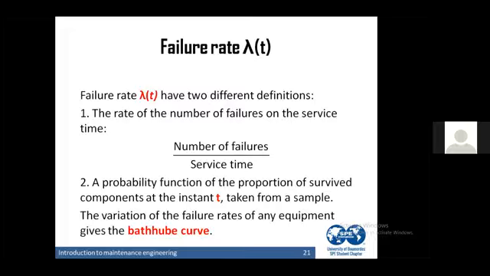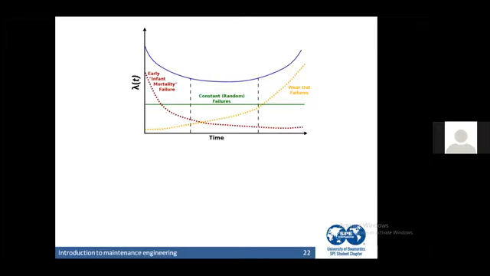So the variation of this failure rate gave us our famous curve, which is the bathtub curve, or the equipment life curve. This is our famous curve.